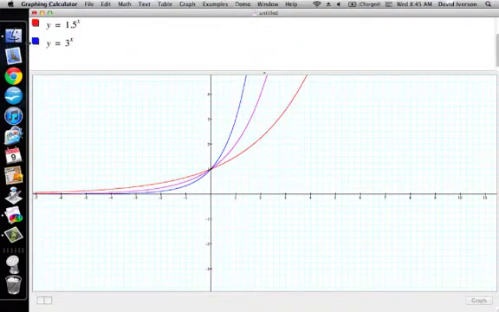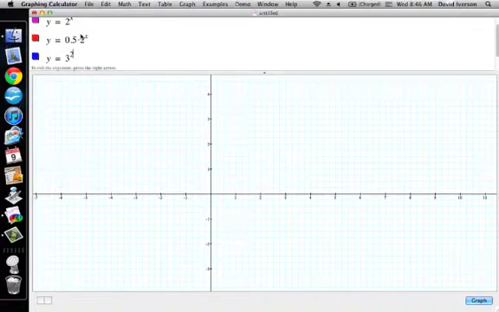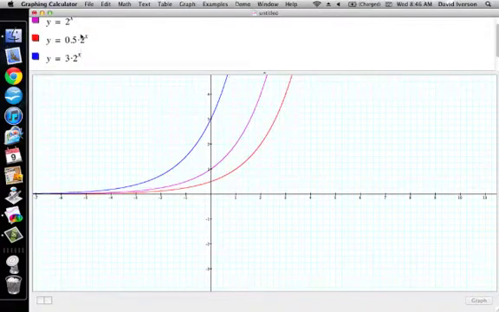Now let's go back and let's see what's going to happen. y equals 0.5 times 2 to the x, and y equals 3 times 2 to the x. What's going to happen?